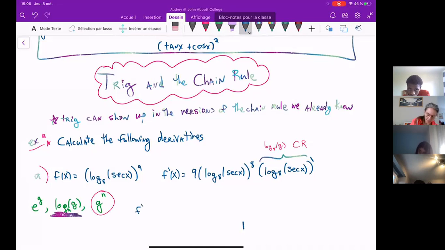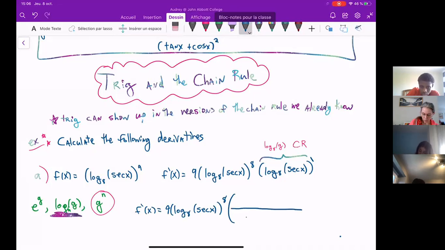So then f prime of x, the stuff I've already written doesn't change. But now I'm applying my chain rule to the outside. And this chain rule here says the thing inside goes on the bottom with a ln 8. And then on the top, I have the derivative of the thing inside.